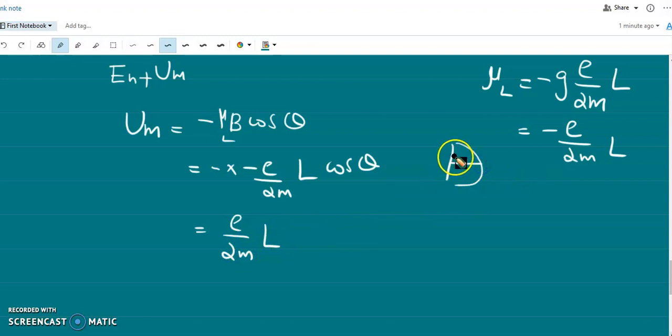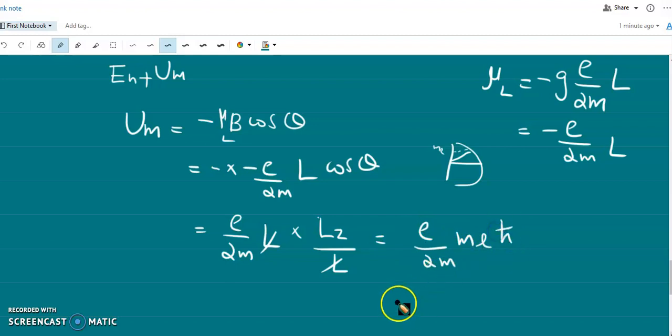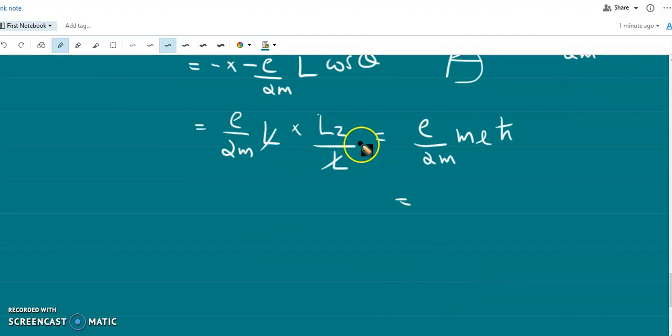Cos theta is equal to ml h cross divided by root of L into L plus 1 h cross. So that is നമുക്കറിയാം Lz by L, L cancel ചെയ്തു പോയി. So Lz is ml h cross, e by 2m ml h cross. So e h cross by 2m is mu B.